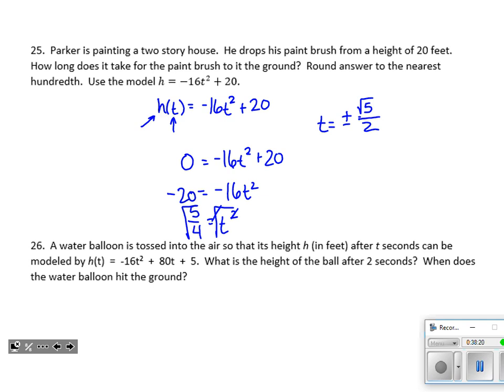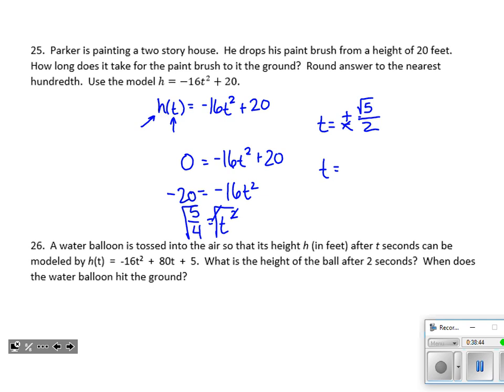So now what we actually have to do is just calculate this and realize that he didn't drop the paintbrush some time ago. So we're only looking at the positive instance here for time if we're going to answer that question. So if I take the square root of 5 and divide it by 2, I will get my answer. And here, I don't have any fancy tricks or anything to do in the calculator.